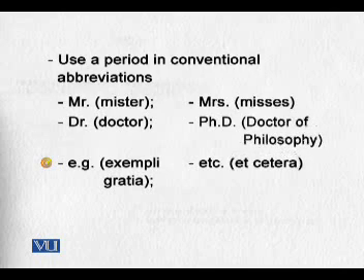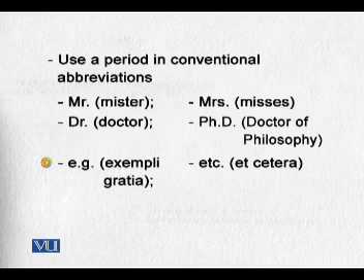Then comes e.g. Now this is the abbreviation we use for example. When we want to illustrate our ideas, we write the transition word "for example", and its abbreviation is e dot g dot. After e full stop, after g full stop. Now e stands for exempli and g stands for gratia.